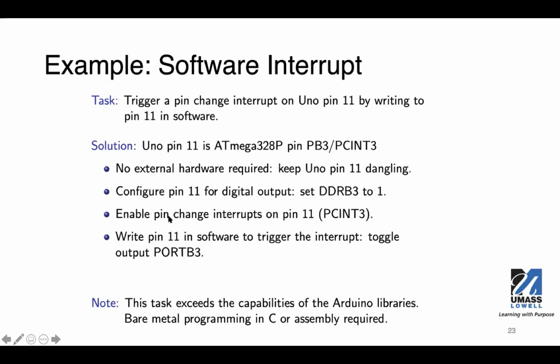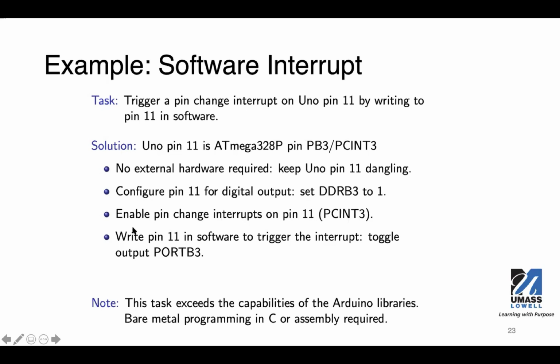And then we will enable pin change interrupt on this pin 11. That's PCINT3, also part of the first group. The earlier slide shows us how to do that, and that will enable the interrupt on that pin.